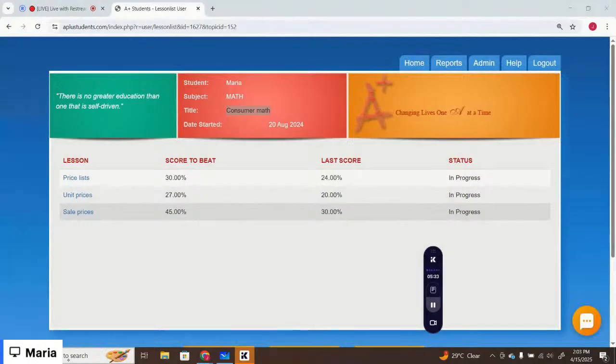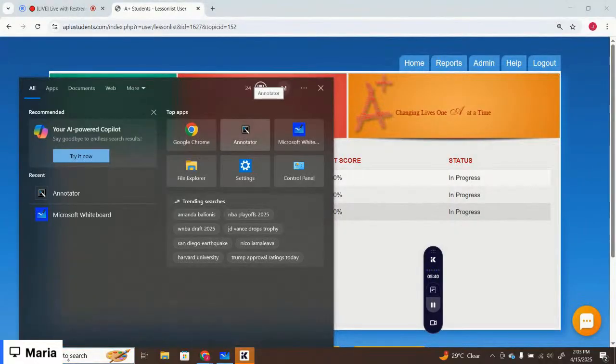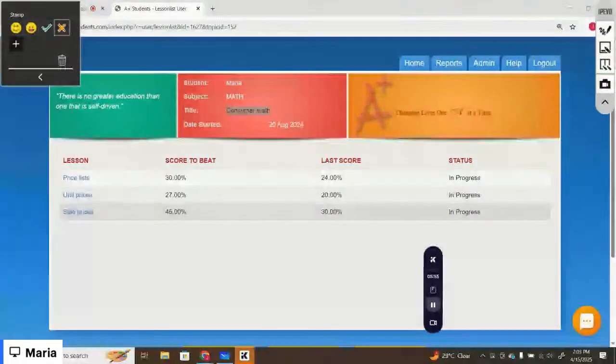Here I'm on grade 5 math. The chapter we are on right now is consumer math. The lesson is price list.